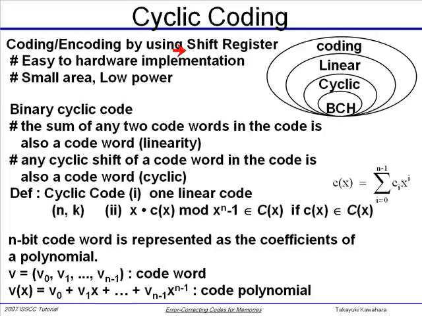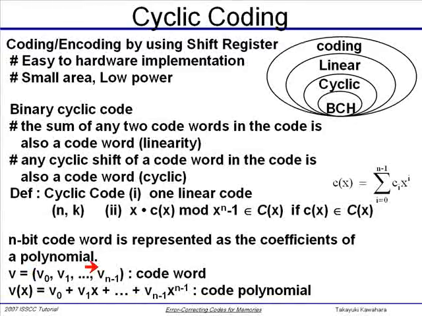I cannot go deep into the cyclic code, but here I show that if this codeword is v0 to vn minus 1, that's the cyclic code.